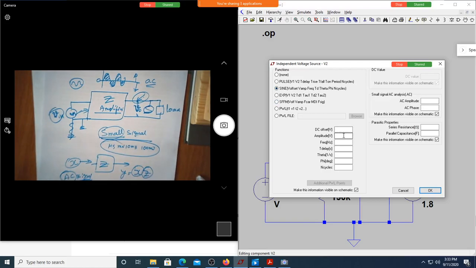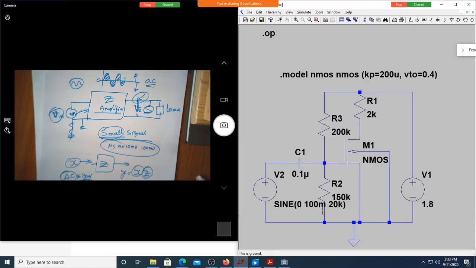I will edit only two values: I will make the amplitude 100 millivolt and the frequency 20 kilohertz. For the time being, I'm putting only these two parameters.